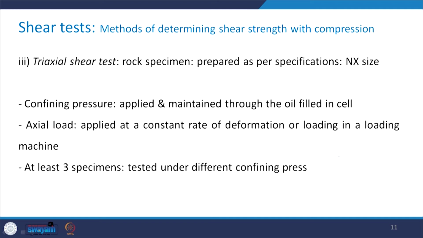I mentioned to you that more or less the philosophy of the triaxial shear test in the case of a rock specimen is the same as that of soil. But in the case of soil, you had different types of triaxial test based upon the drainage conditions.